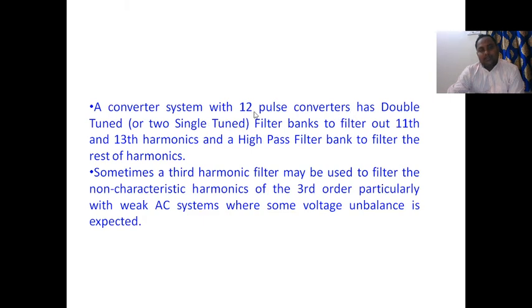We use any one, two single or one double, and a high pass filter bank to filter the rest of the harmonics. Sometimes a third harmonic filter may be used to filter the non-characteristic harmonic of the third order, particularly with a weak AC system where some voltage imbalance is expected.